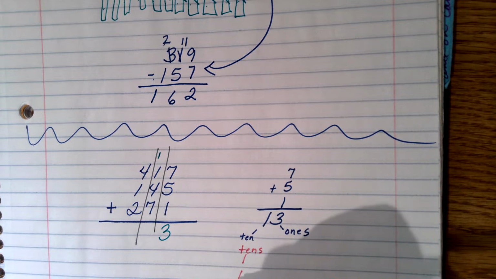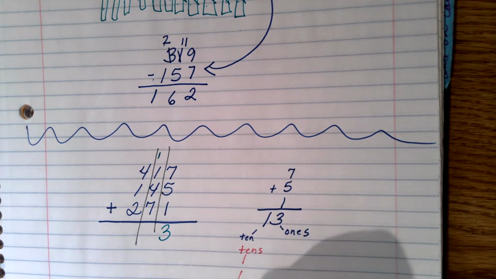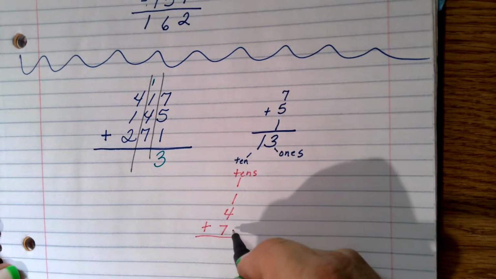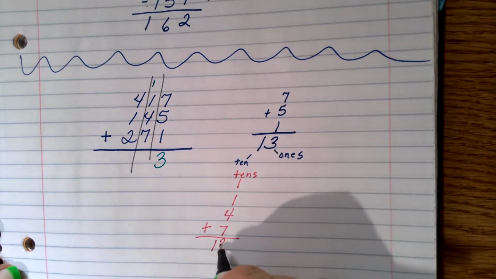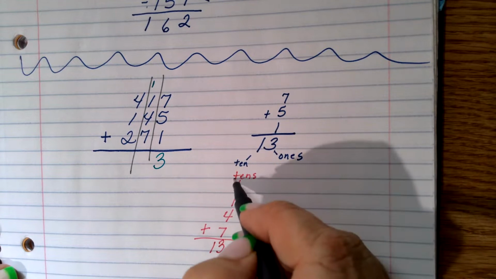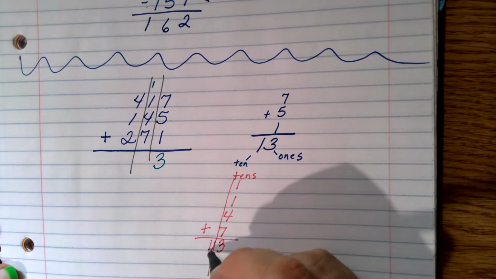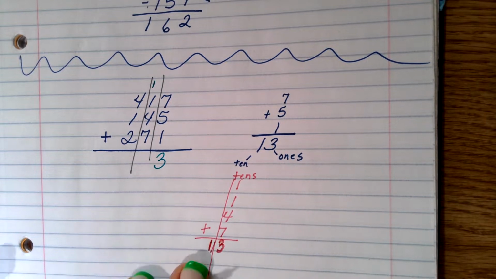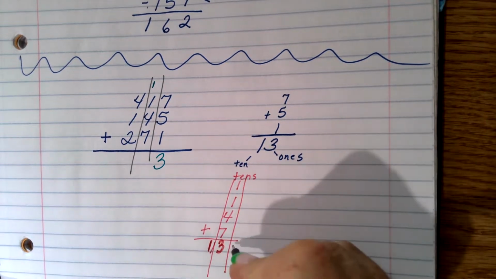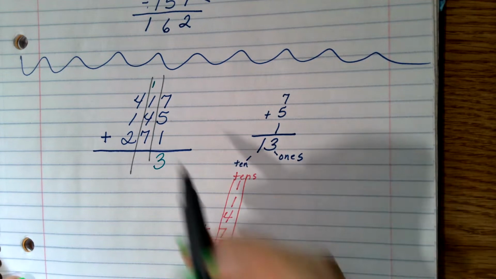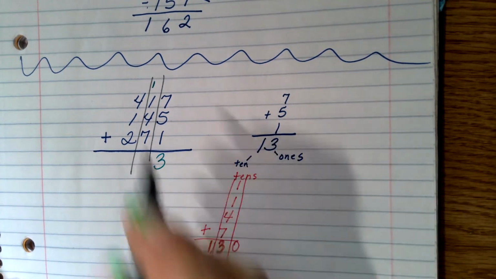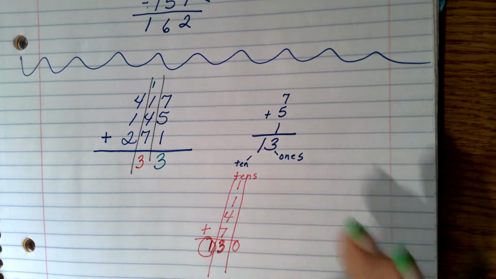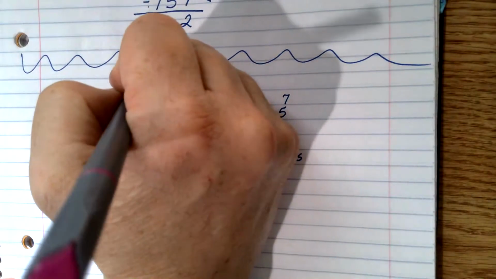So 1 and 1 is 2, plus 4 is 6. 6 plus 7 is 13. The important thing to remember here is just like in our place value chart, this 1 is in the hundreds, the 3 is in the tens. So when we put our number back in here, it's the equivalent of 130. We're not going to put anything in our ones. We're going to put this 3 in our tens, and then this 1 goes right above our 4.